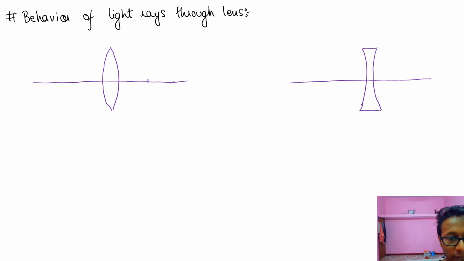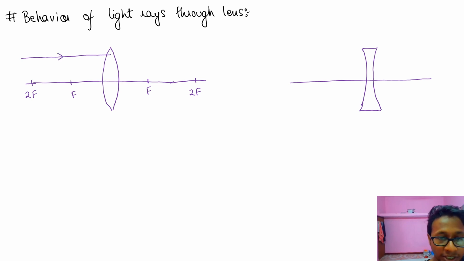You already learned out here it is focus, out here it is twice of focus. Okay, so any parallel ray that passes through a convex lens, after refraction passes through focus.